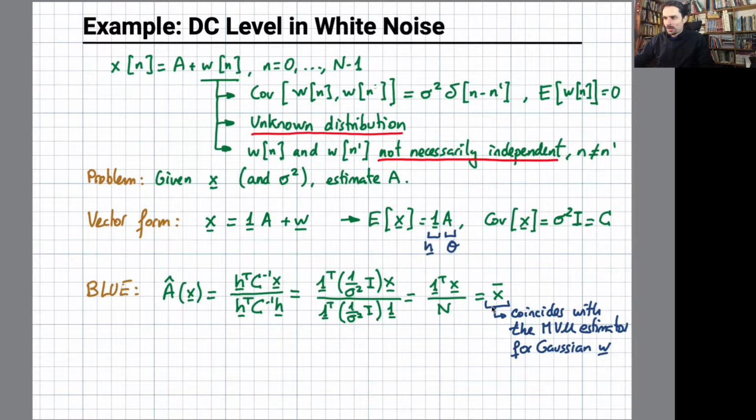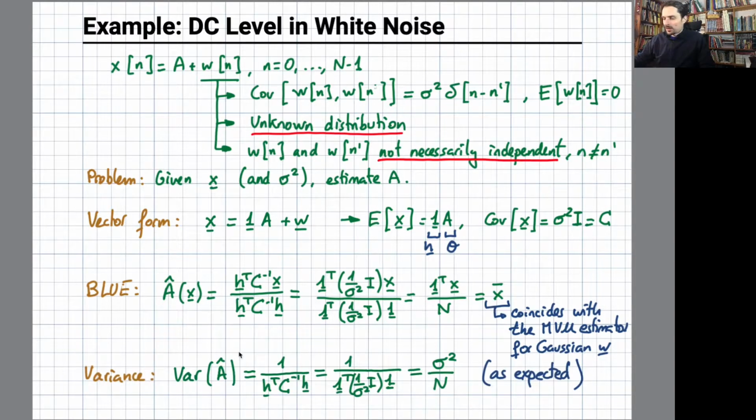Okay. And regarding the performance, we can again use the expression from the previous slide, and so we just need to substitute H and C in this expression, and then we obtain this, okay? So this is, of course, expected, because this was the variance that we computed for the MVU estimator.